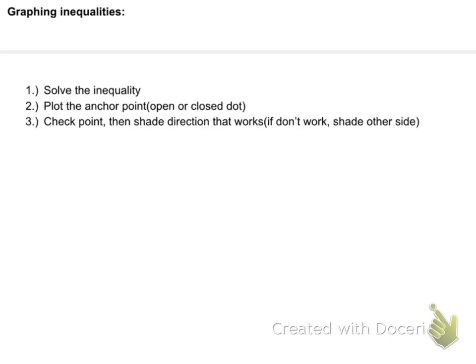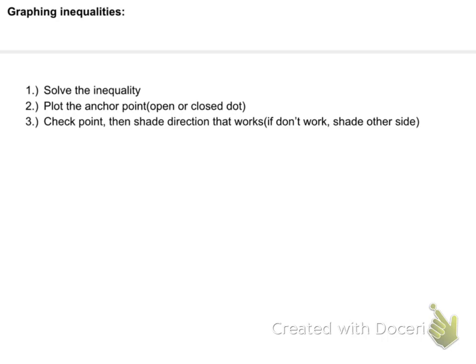What if I ask you to graph your results? I don't know why it's separated like that, because on the slide it became 2 pages, but that's okay. Graphing inequalities. I've got a 3-step, no-fail system. Write this down. Number 1, solve the inequality.